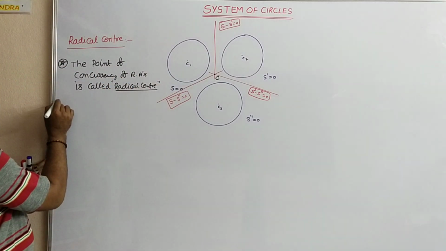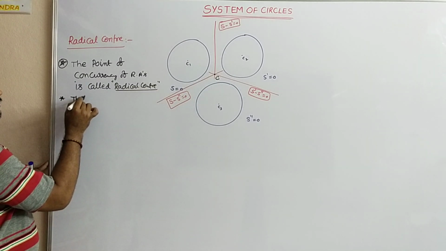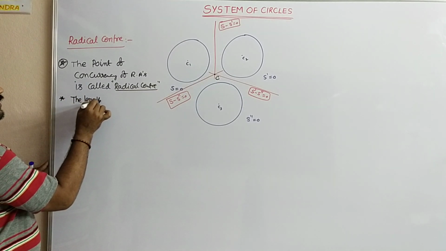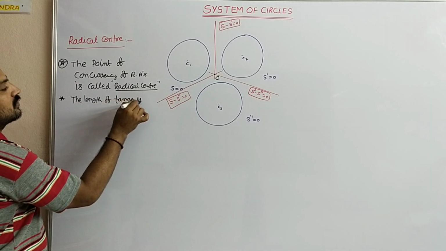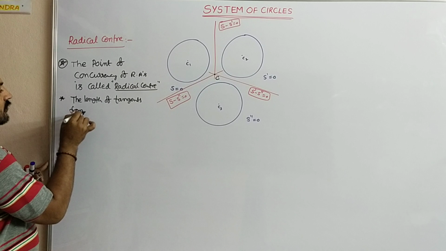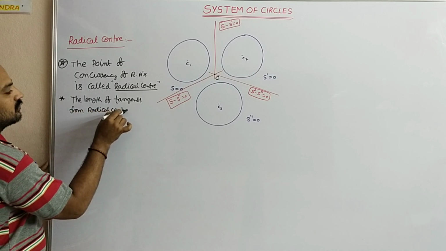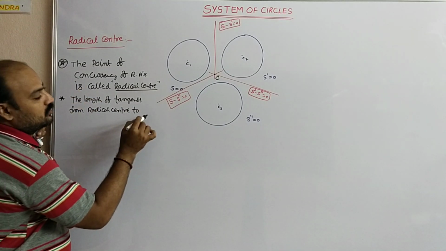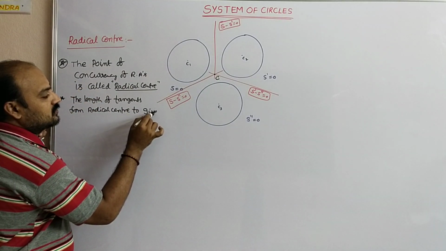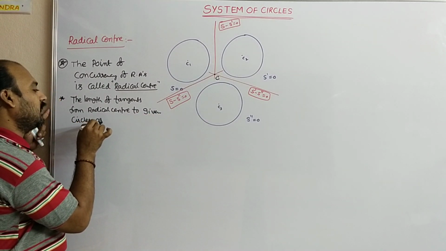Remember, the lengths of tangents from the radical center to the given circles are equal.